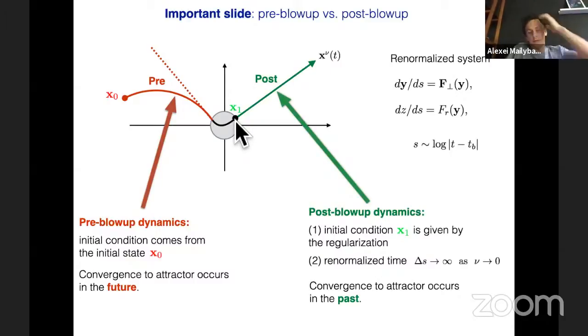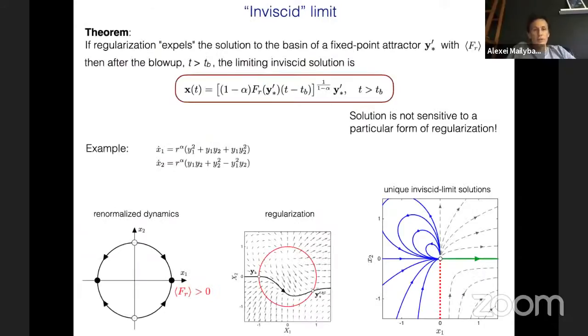So it's a situation of the limit when you impose the initial condition by regularization, and this initial condition is given at the time s, which is sent to minus infinity as nu goes to zero. So regularization means that you prescribe what your state is at minus infinity for s. And what does it mean?